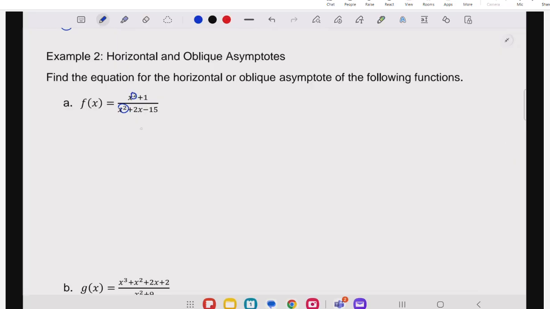So since the n is equal to m, that's the second rule. So y equals a sub n over b sub m, and in this case that's 1 over 1, which is 1. So the equation would be the horizontal line y equals 1. And just like with the vertical asymptotes in your homework, make sure you put y equals.